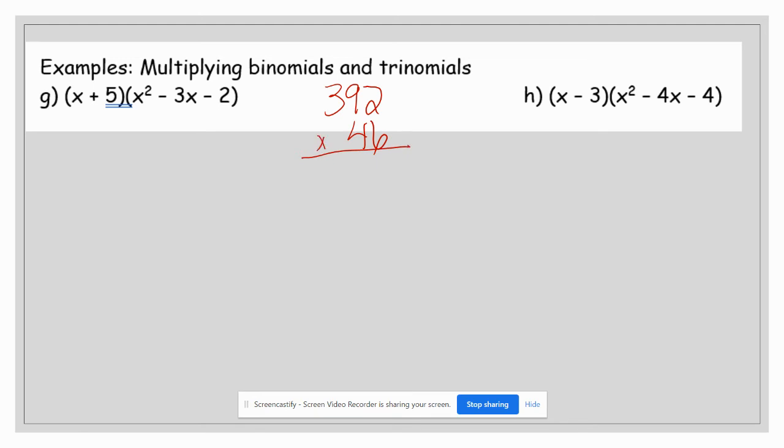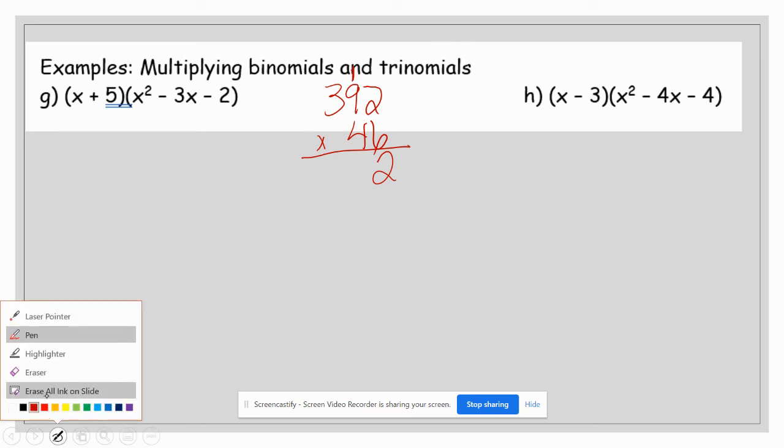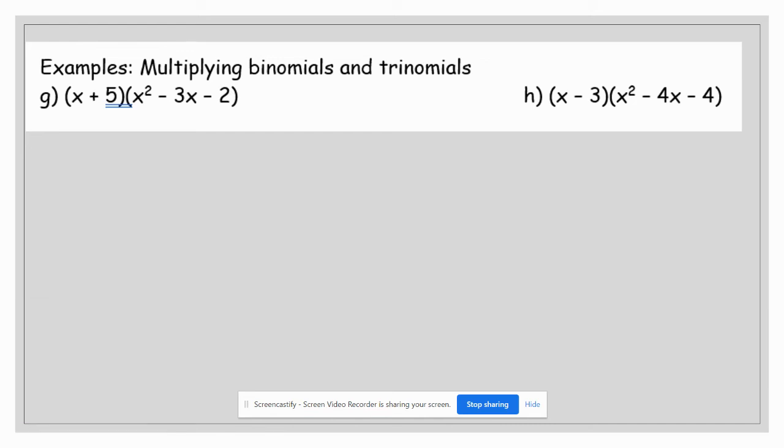Well, remember, we'd write it like this vertically and say 6 times 2 is 12, carry the 1, and so on and so forth. And so we're going to rewrite our first example here that same way. I'm going to put my longer term, my trinomial, on the top, and then I'm going to put my binomial x plus 5 on the bottom. And I'm going to say this is multiplying.